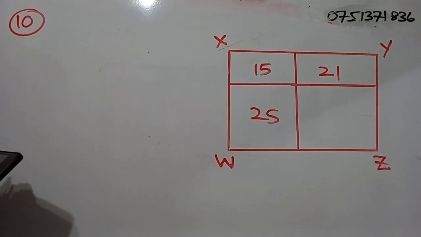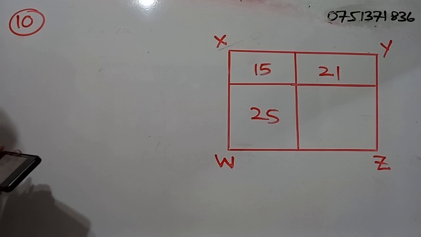Okay, question number 10. In the figure below, all line segments are measured in feet and have integer lengths. The areas of two rectangles and one square have been given in square feet. What is the area of rectangle WXYZ in square feet?